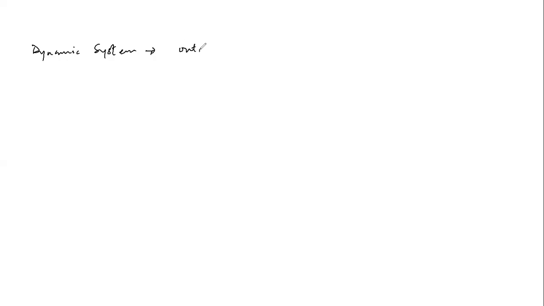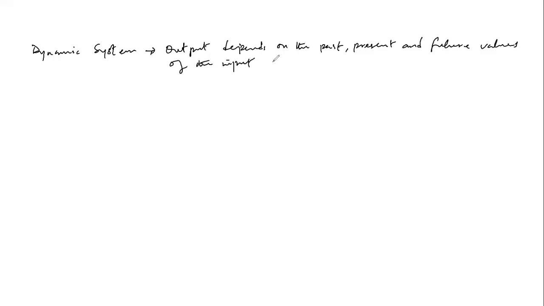So the system could be something like this: y of t equals s of t plus s of t minus 2.